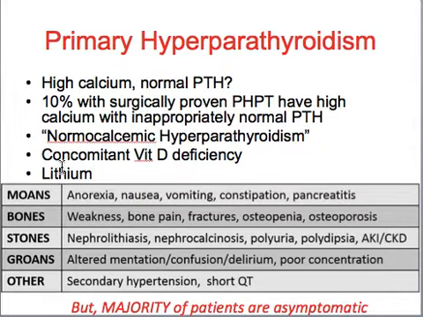There's also such a thing as normocalcemic hyperparathyroidism, but those are not very common. Sometimes there's a concomitant vitamin D deficiency or lithium. The presentation, again, is moans, bones, stones, groans, and others. But now the majority of patients are asymptomatic because we catch them early by routine serum chemistry.